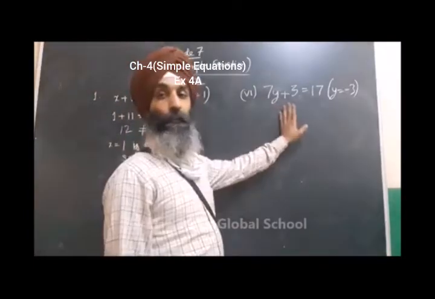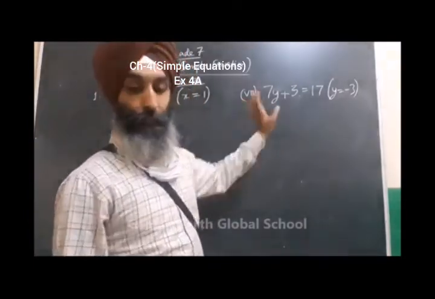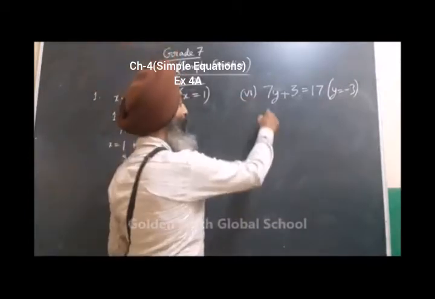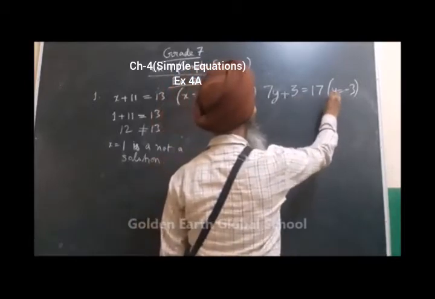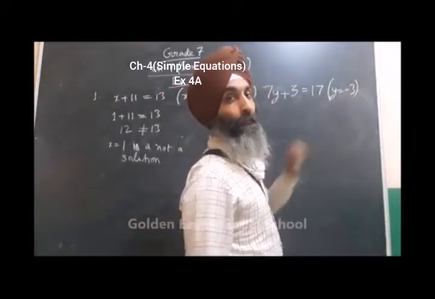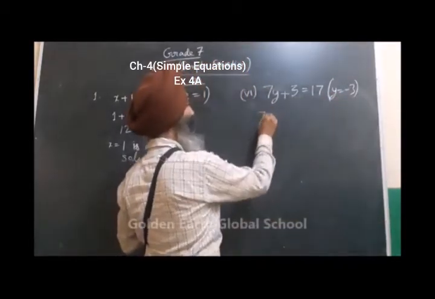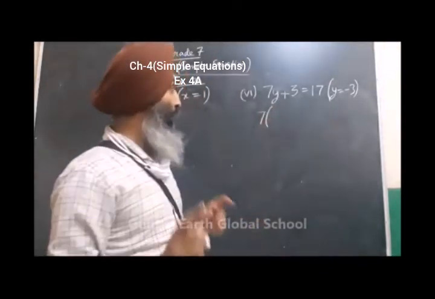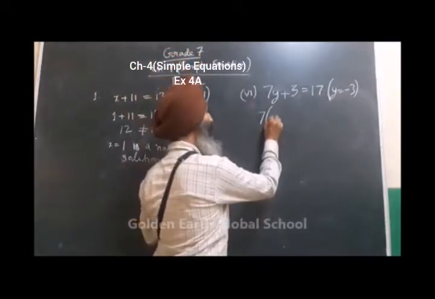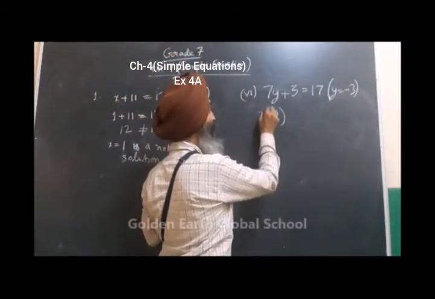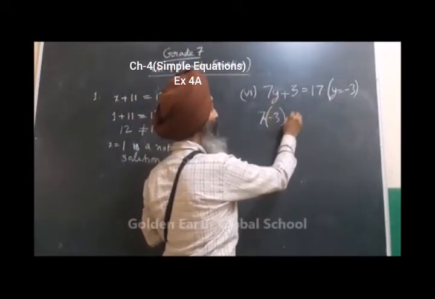Now similarly, see the sixth part of the first question. You have an equation 7y plus 3 is equal to 17, and here y is given as minus 3. So put y is equal to minus 3 here. When you are putting a negative value, you have to put a bracket. Nothing between them means multiply.